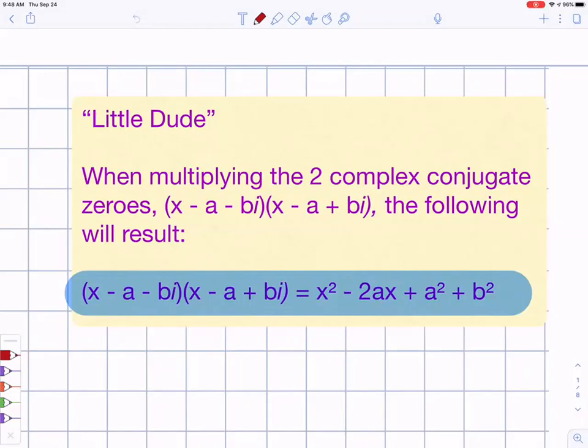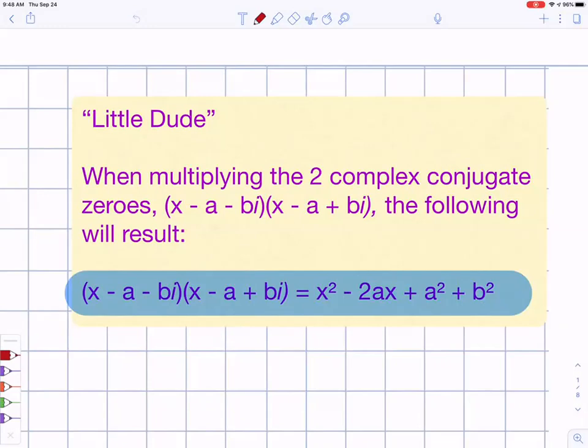You have 2 options. Option number 1, you can memorize little dude and it will make your life easier. Option number 2, you can choose to not memorize little dude, but you're going to have a good bit more work to show, and I'll show you what I'm talking about as I work through it.